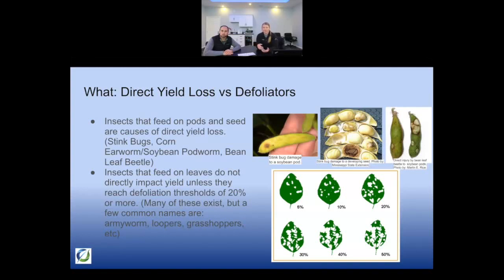That's what we can see, and so most of the time we think it's worse than it potentially actually could be, and we might not be thinking about our direct yield loss insects quite as often. So we need to be paying attention to the little signals of those direct yield losses. It relates to our yield.